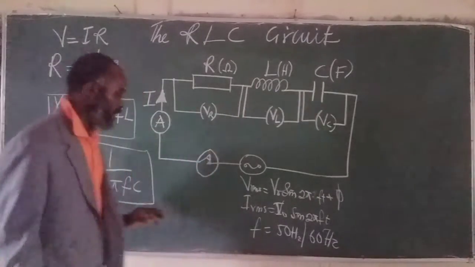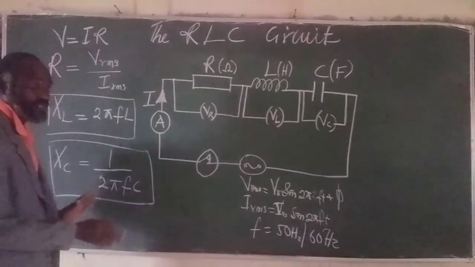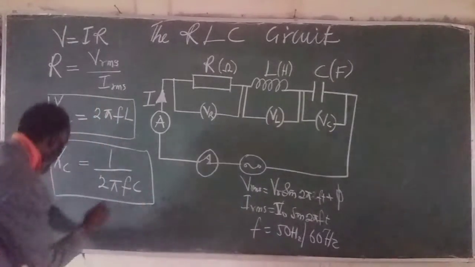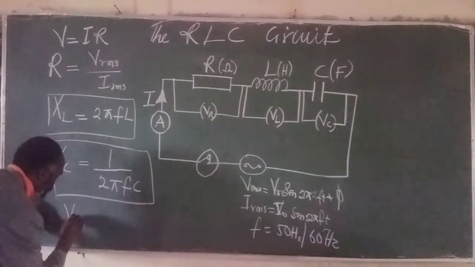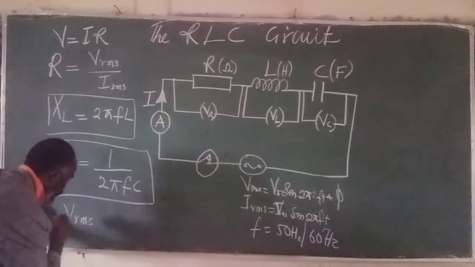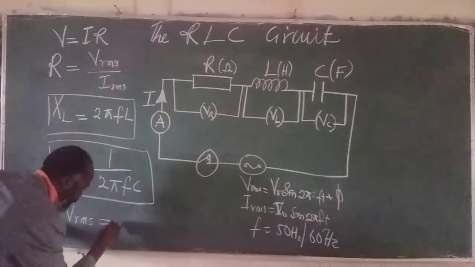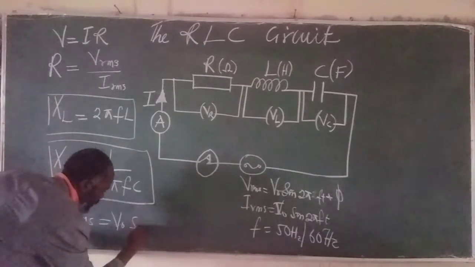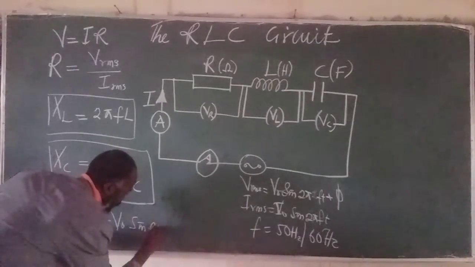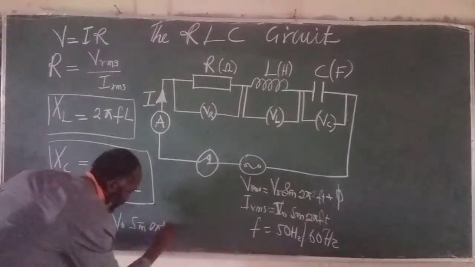Okay? Now, since we have identified this, all things being equal, we need to understand that we still have our root mean square value of the voltage as V0 sine 2 pi ft, and so on and so forth.